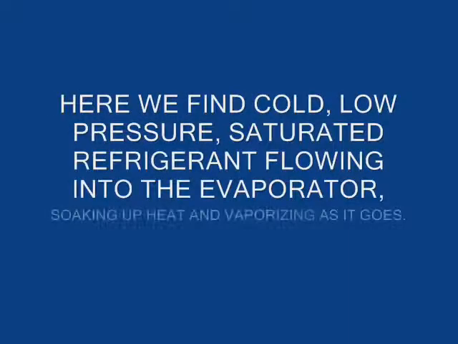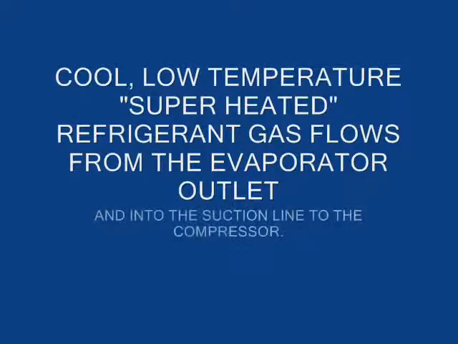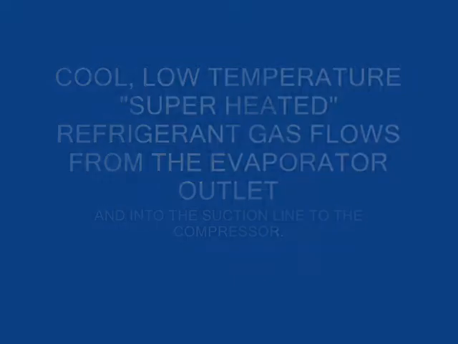Here we find cold, low-pressure, saturated refrigerant flowing into the evaporator, soaking up heat and vaporizing as it goes. Cool, low-temperature, superheated refrigerant gas flows from the evaporator outlet and into the suction line to the compressor.